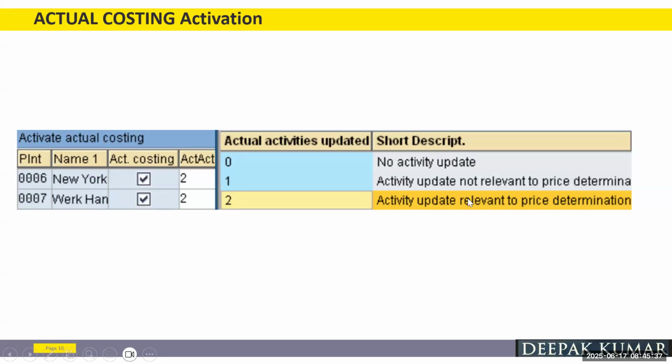Activity update relevant to price determination: only if that is checked will CKMLCP post the variances from activities to finished goods or semi-finished goods. The variances of activity types only.